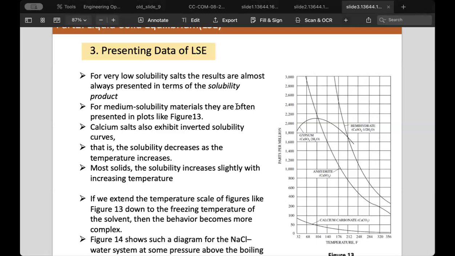Why? Because the solubility of calcium is lower at high temperature. If you work with high temperature, the calcium ion tends to precipitate, because it cannot dissolve, so it must precipitate in some form.